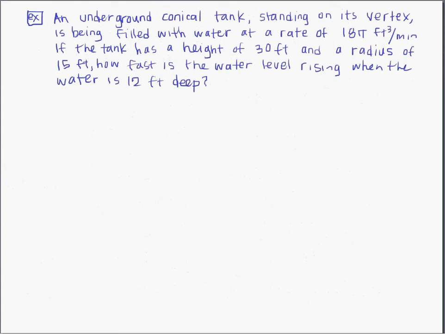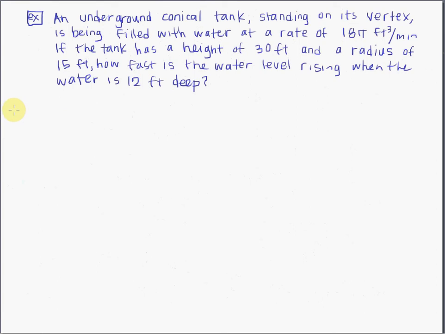So it's a cone, and it's standing on its vertex, and it's being filled with water. Well, the thing that you need to know to get this right is that the ratio of the height of a right circular cone to its radius is constant. So what that means is that at any level, the height of the water is going to be twice its radius because it has this constant ratio.